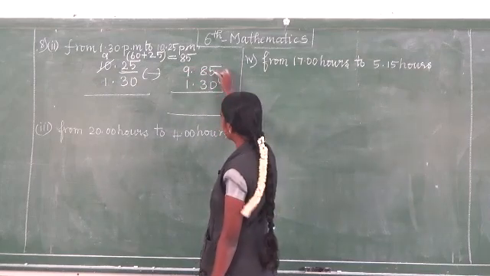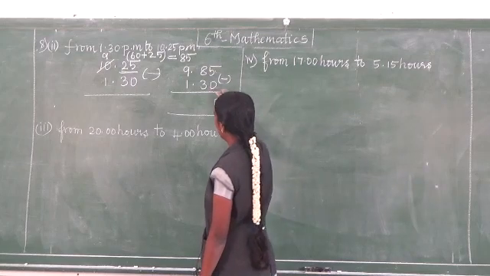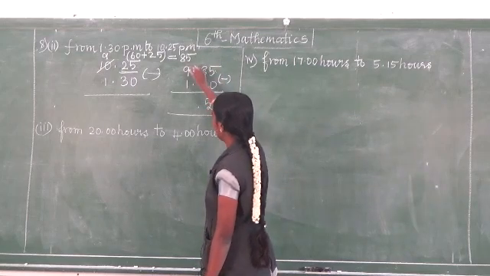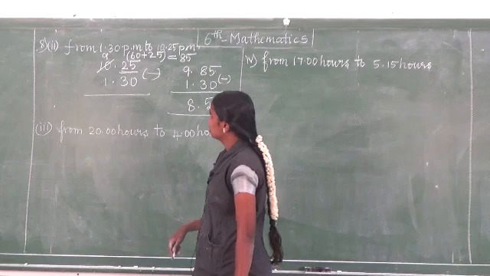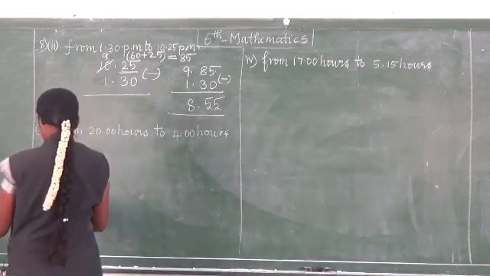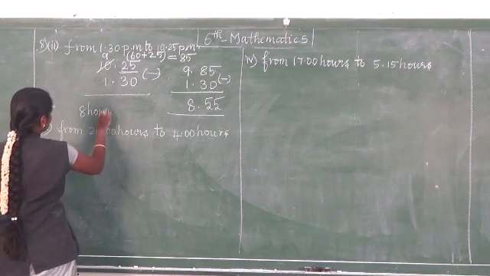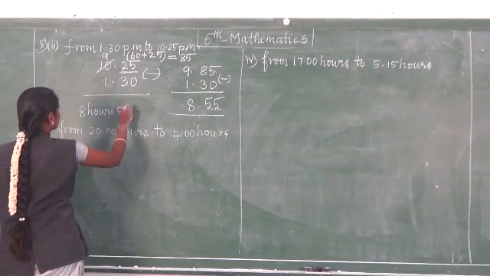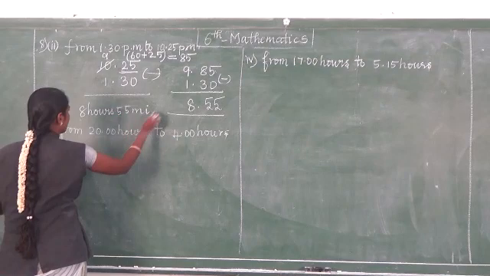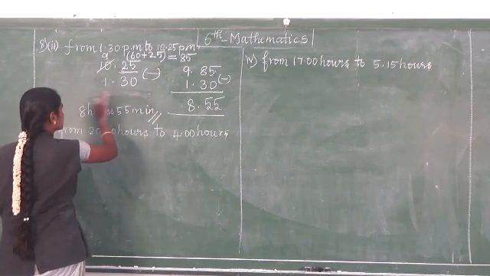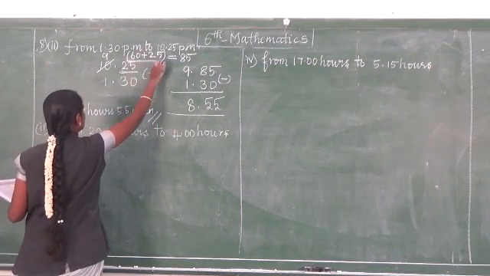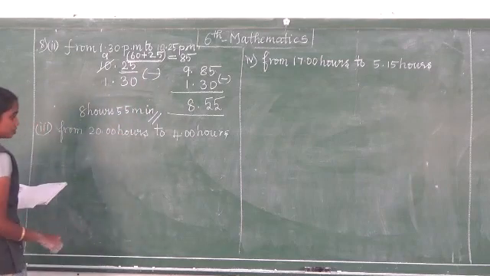Now you can subtract easily. 5 minus 0 is 5, 8 minus 3 is 5, 9 minus 1 is 8. So the answer is 8 hours 55 minutes. This is a very important step. You must understand this concept.